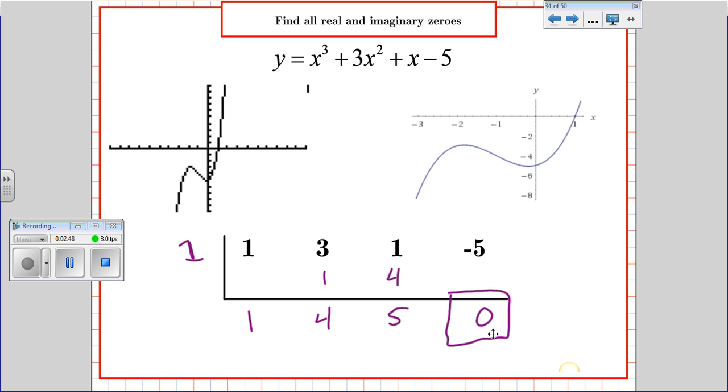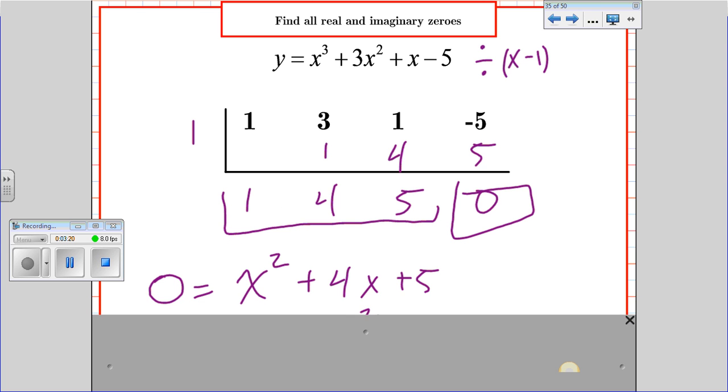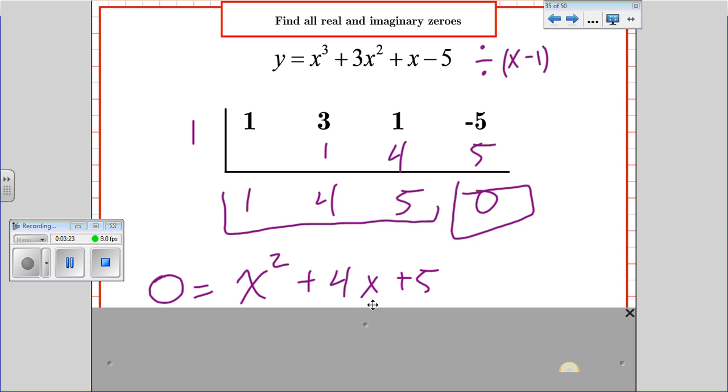Now, what we've talked about a little bit is how the rest of this stuff actually means something. So here's what it means. This is a way of doing division. What it means is that if you take x cubed plus 3x squared plus x minus 5 and you divide by x minus 1, you're left with x squared plus 4x plus 5.